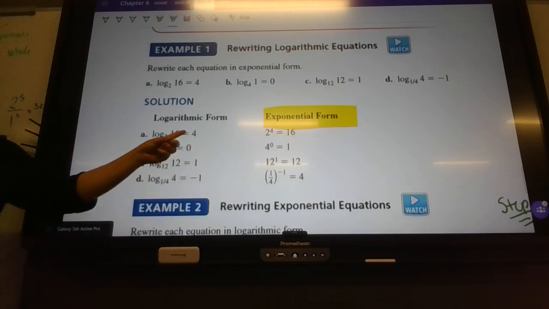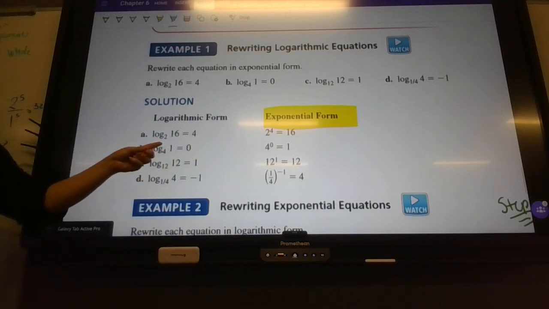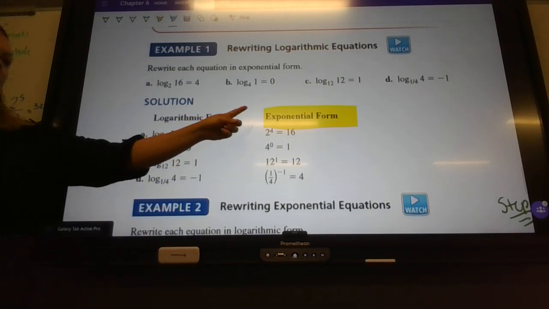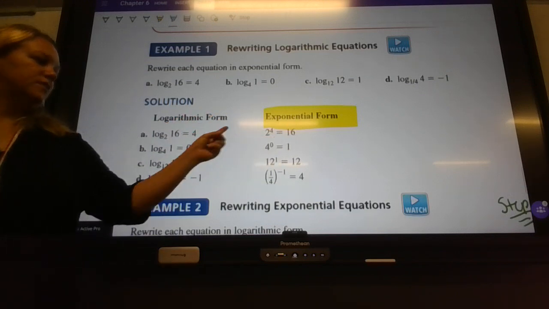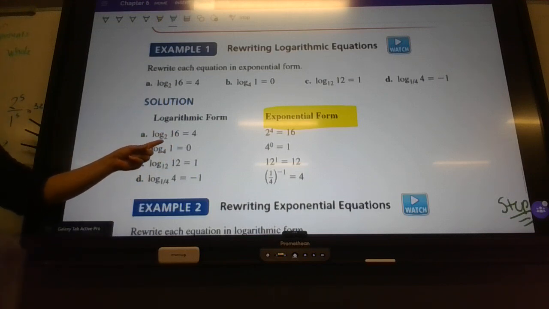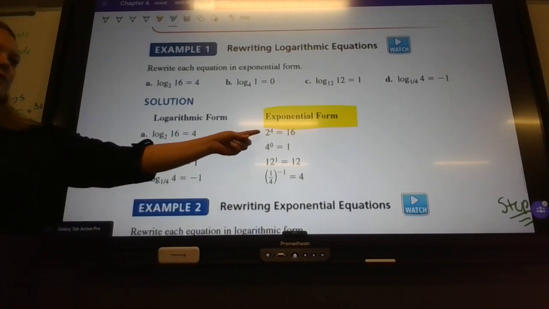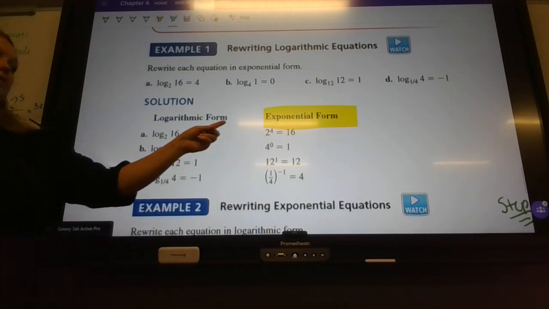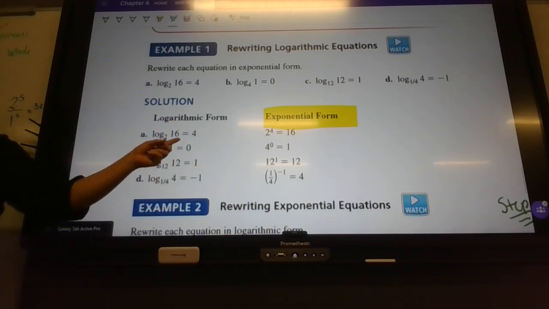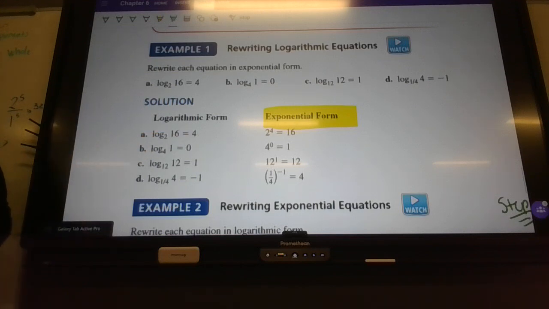Logarithms solve for exponent, so there's the exponent. The base of the exponent is the subscript here on log. And the result of 2 to the 4th goes right next to the logarithm. The way we read this is log base 2 of 16 equals 4. And if you know this fact, you also know this fact. You just have to learn a new way of writing it so that the exponent's the answer.